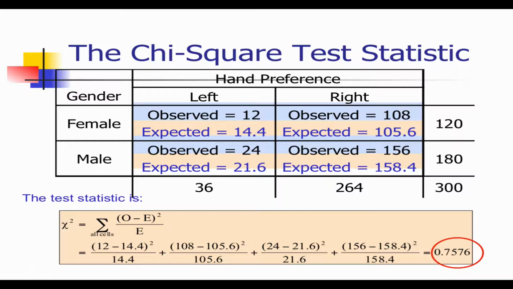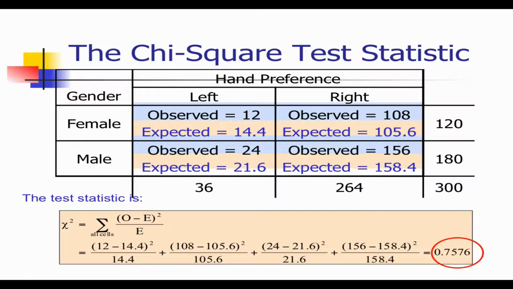If your observed table is very close to the expected table frequency, then you have less evidence to reject the null because they are very close to the expected. So essentially, this summation tells you how different the expected table is from the observed table.